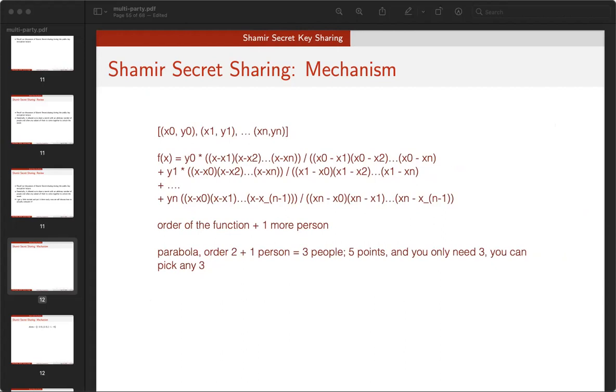Okay. Are there any questions about this? We're about to go through an example of this. But first I want to make sure this mechanism makes sense. And I'm curious in the chat, if you've seen this before, where have you seen this before? You might have seen this in like algebra class back in the day.